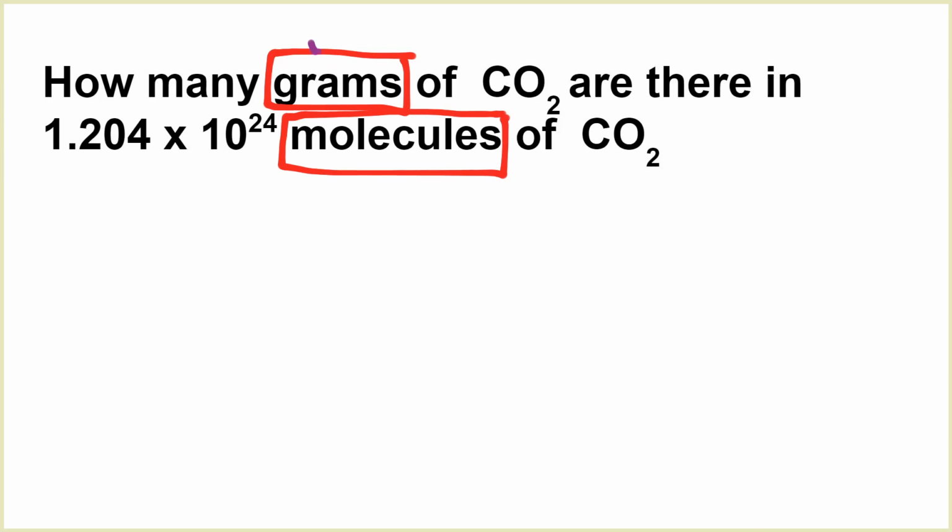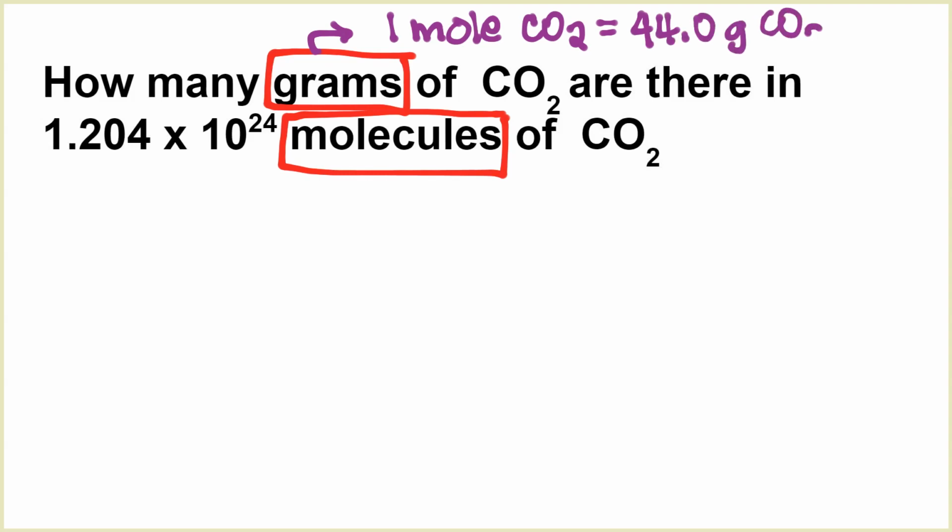So again, if you ever see the word grams, you have to do 1 mole equals the molar mass. And we already did this for CO2. Molar mass of CO2 is 44.0 grams of CO2.